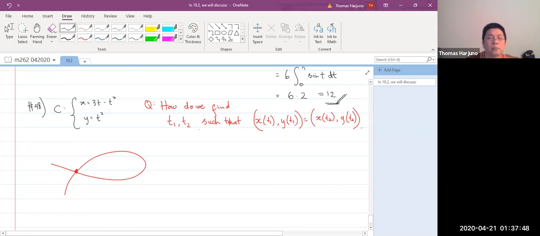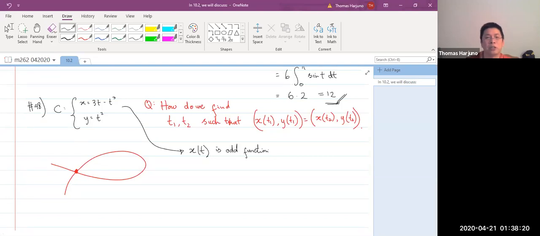Let me give you a hint. There must be two different t's that give you the same x. You see that x of t is an odd function, so it will hit the same x when x equals 0.